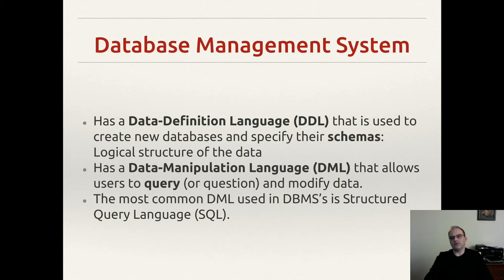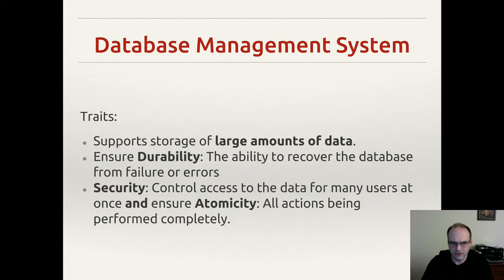You won't be able to insert something that is more than 50 characters long. So those are the two pieces that we're going to use. I mentioned SQL earlier. We're going to come back to that throughout the course, so that's not really a big topic for today. But the most common data manipulation language used in database management systems is what's called SQL, which is structured query language.